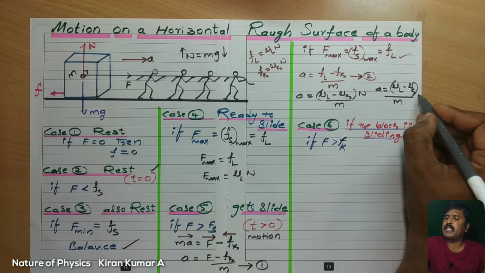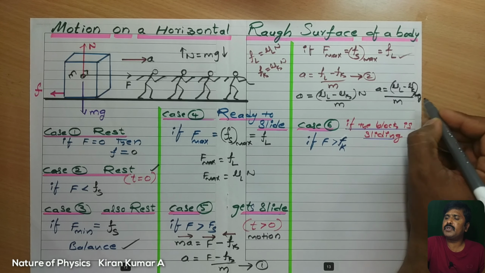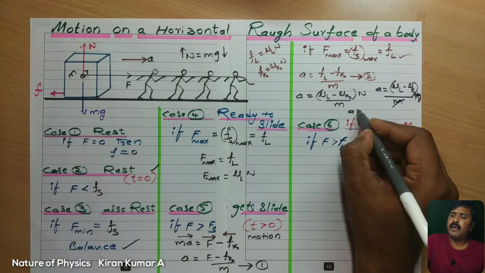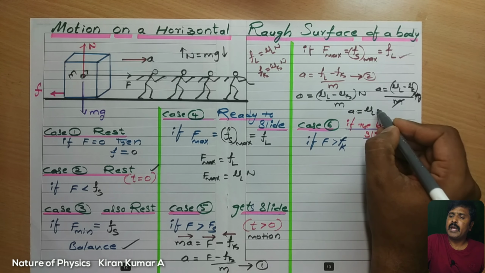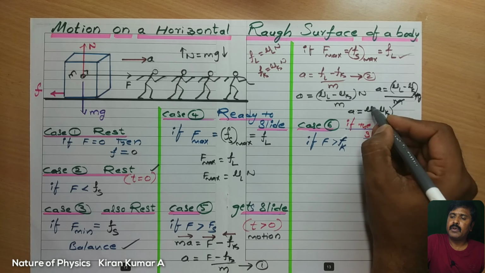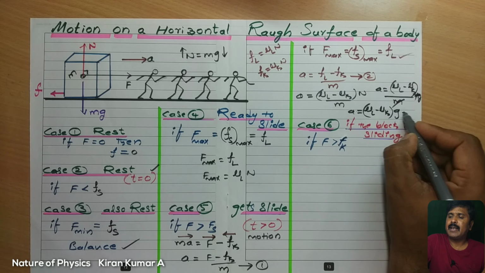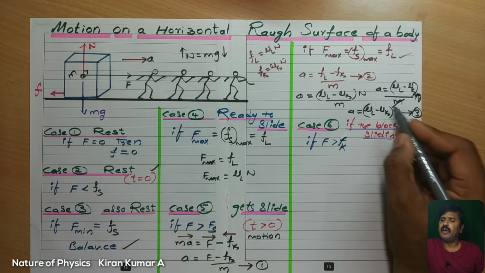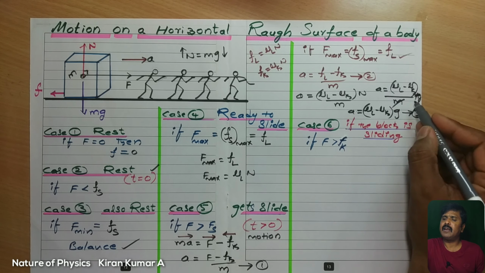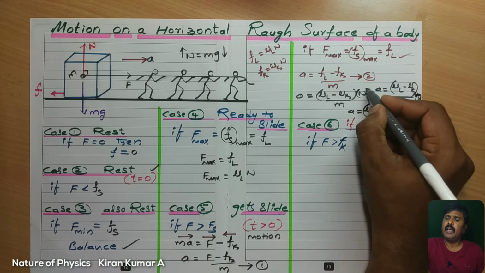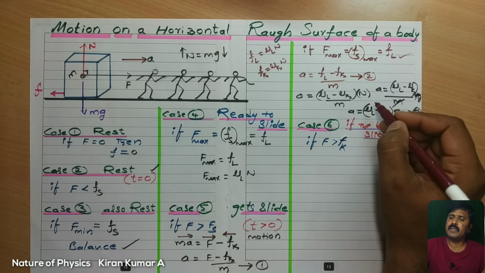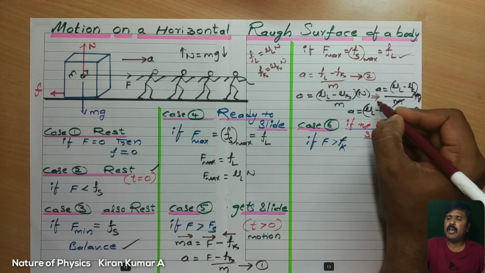Here, no space please, here writing mg, student. The m gets cancelled, and finally we will get a is equal to mu L minus mu K into g. This I can write as equation number 3, student. See, clearly given: m gets cancelled, here I wrote N is equal to mg and replaced it there, student. N is equal to mg is replaced.